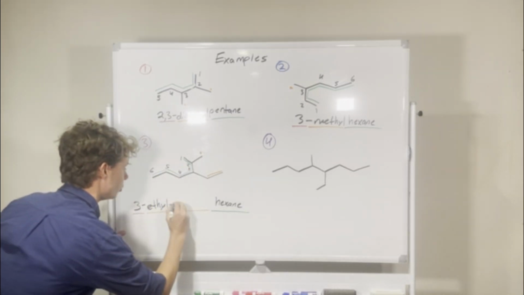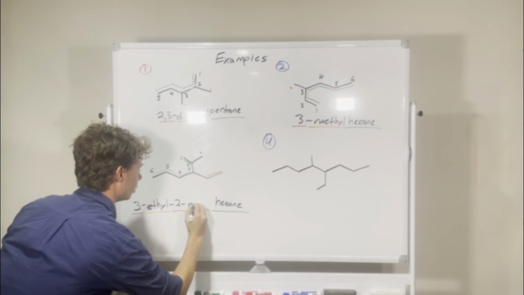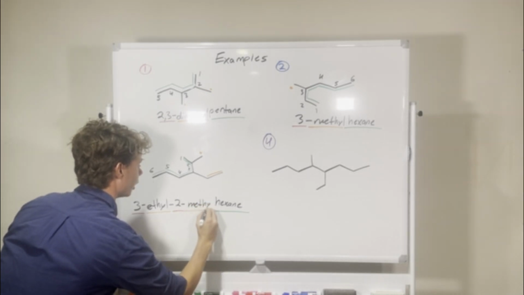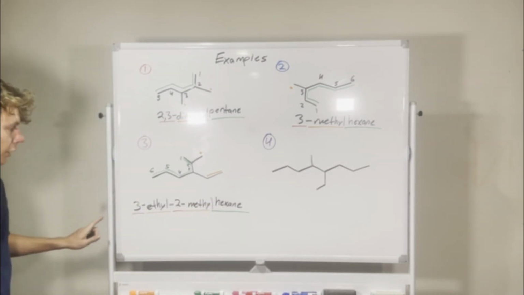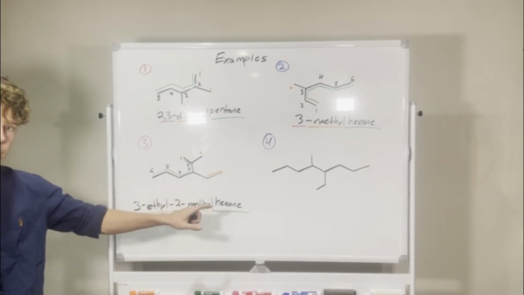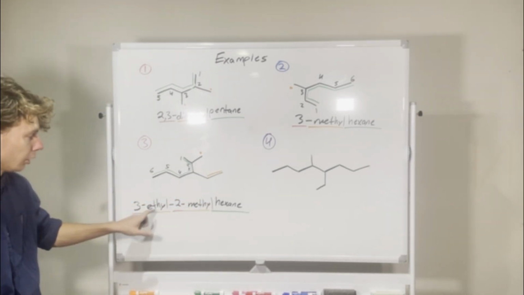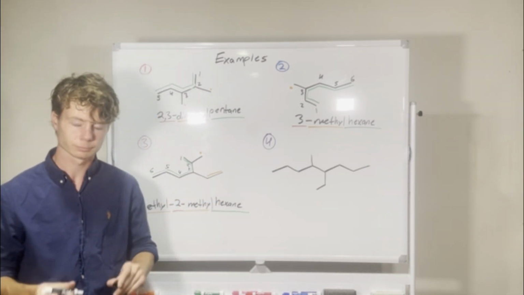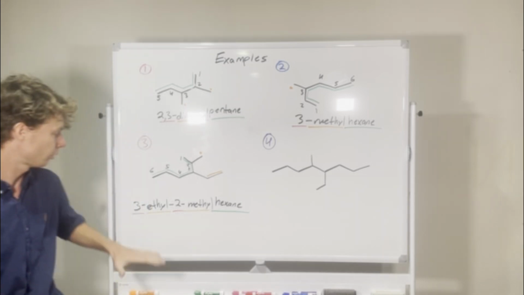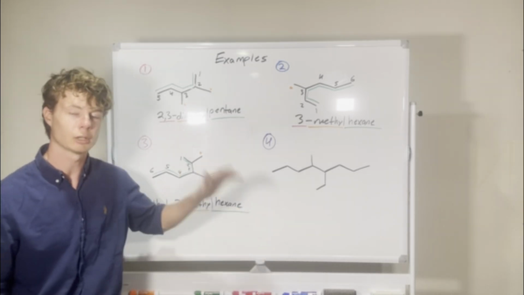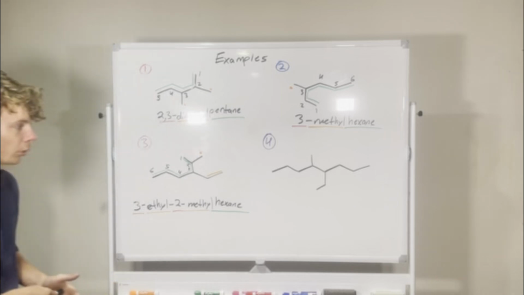So I'm going to say 2 methyl. And I'm done with my substituents, finished with my root. This molecule here is 3 ethyl, 2 methyl hexane. And with enough practice, you'll be able to read this and draw it. But it'll take some more practice.